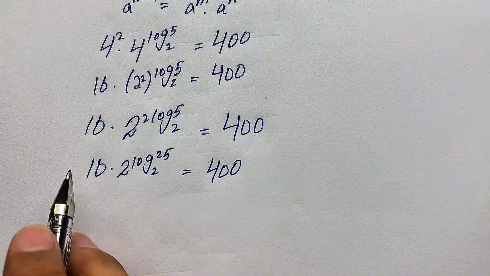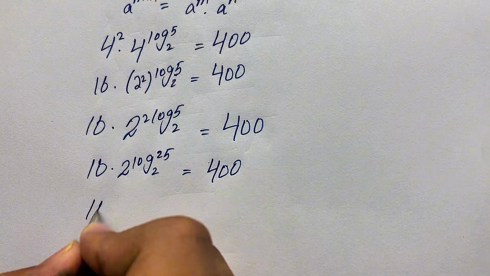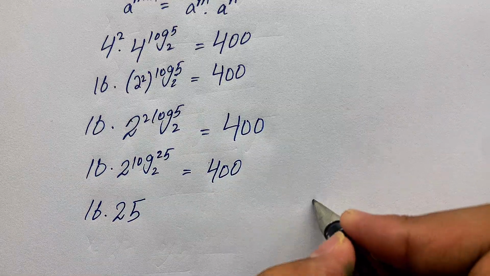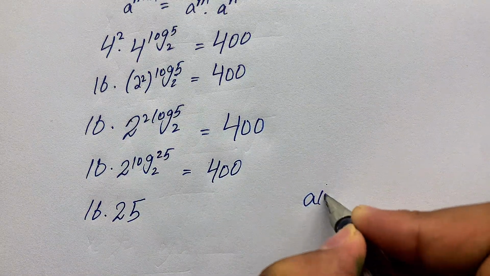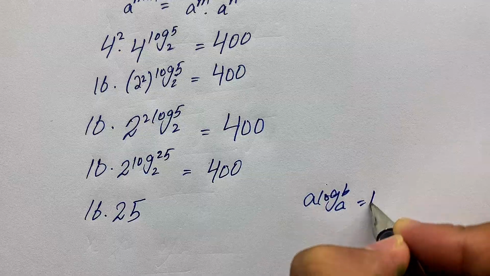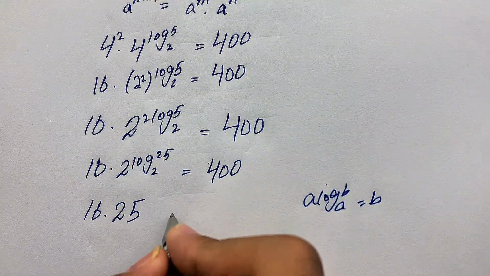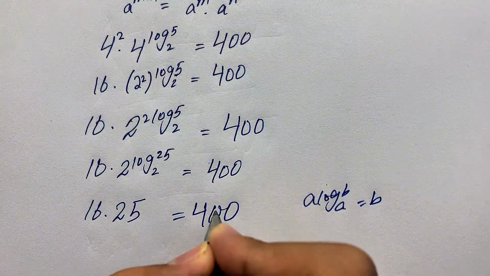Now 16 into 25, after applying this formula a to the power log of b base a is equal to b, we get the value of 16 into 25 is equal to 400.